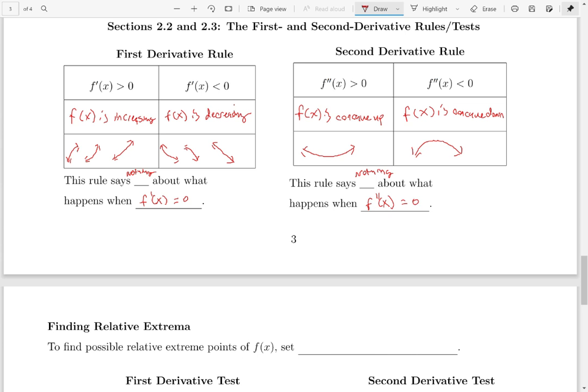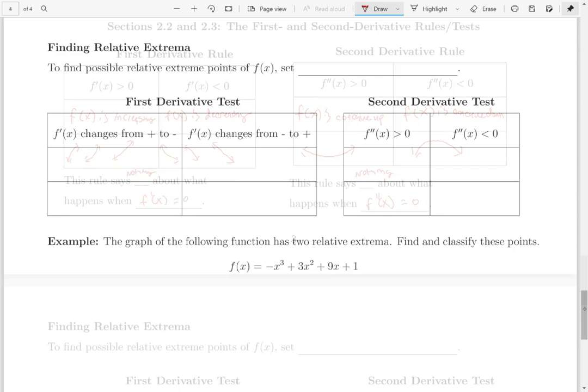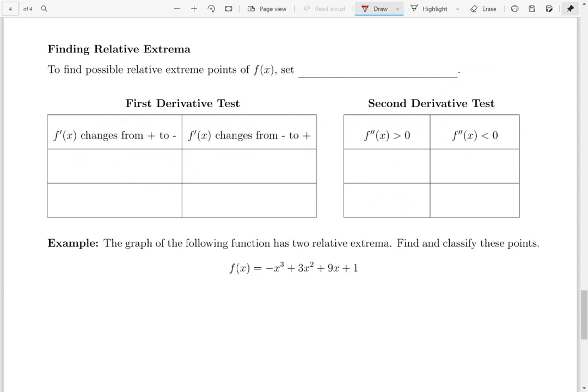And so when the second derivative is equal to 0, these are points of interest for us. Okay, they could be something that's applying in these tests, but they may not. All right, so we just have to be careful and understand that the rules don't tell us anything about what happens at 0. But I claim that you can actually use those 0 points as points of interest.